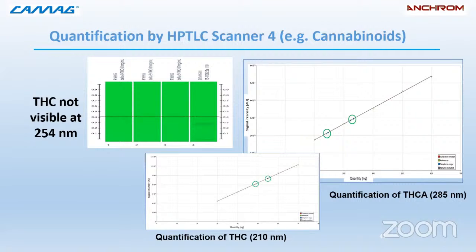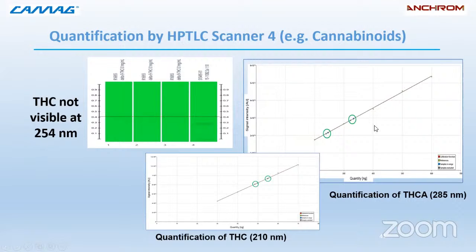We could see the band for THCA, as you can see over here. But there is also a band of THC, which we have highlighted by using this straight line. At RF 0.41, THC is there, but in the image we are not able to see it because it is not showing any response at this particular wavelength, 254 nanometer.